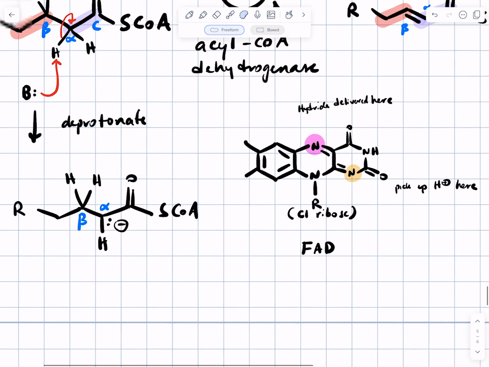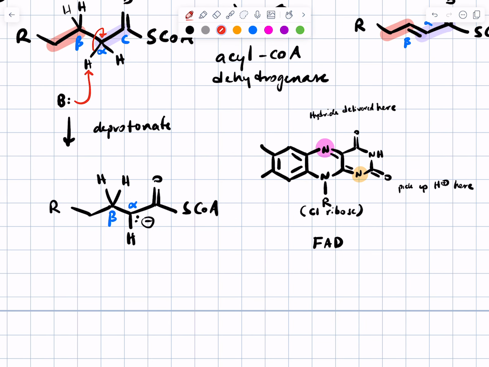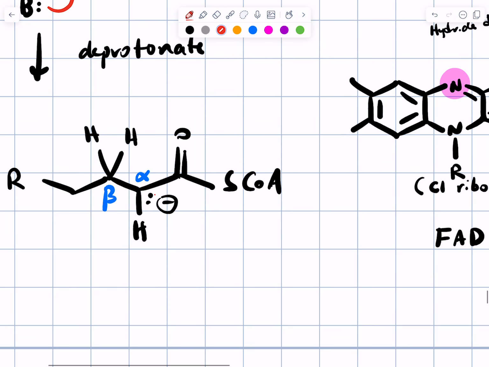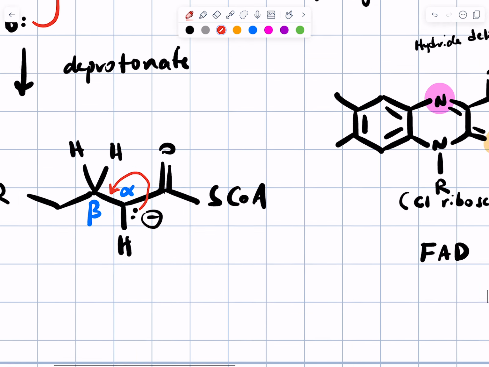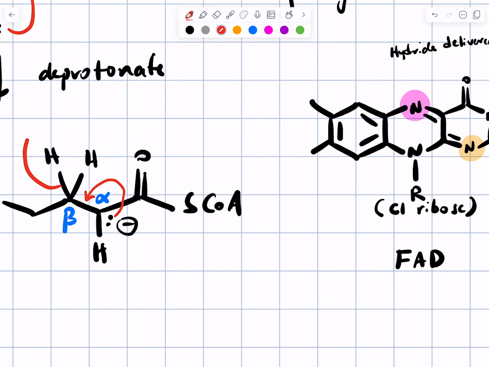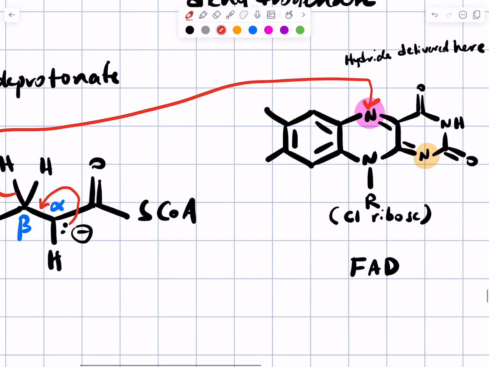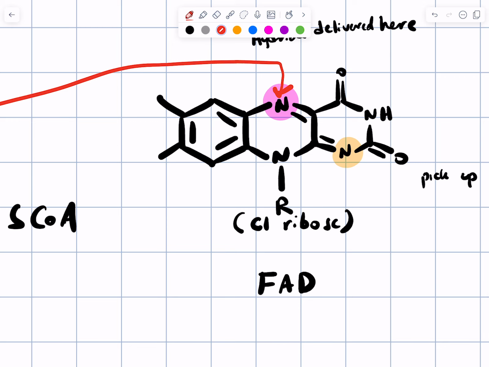Okay, so electrons on the alpha carbon will kick down to form a new bond between alpha and beta carbons. At the same time, that hydride is delivered to the pink carbon of FAD. You can see that the pink and the orange nitrogens are conjugated to each other.